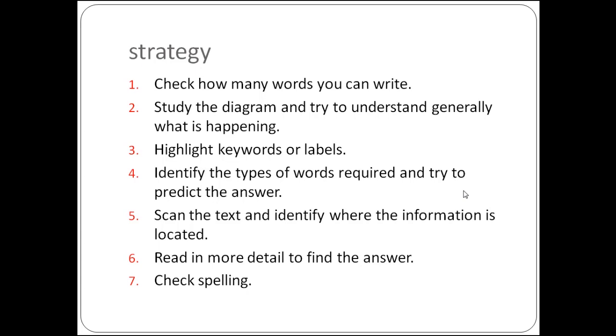Identify the type of words required, nouns, adjectives, and try to predict the answer. Scan the text and identify where the information is located. It's very important to know where the information is located, so you can start reading in detail to find the answer. Check your spelling.